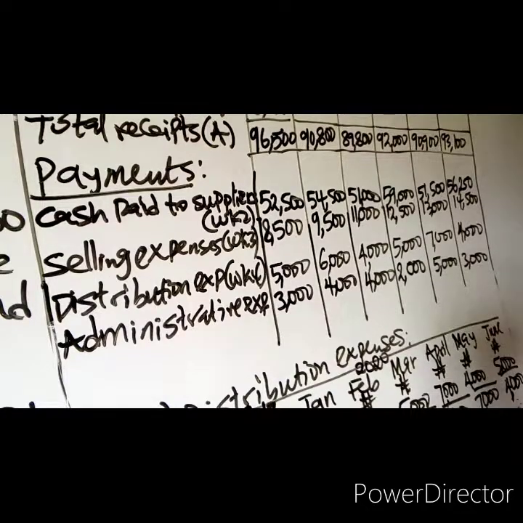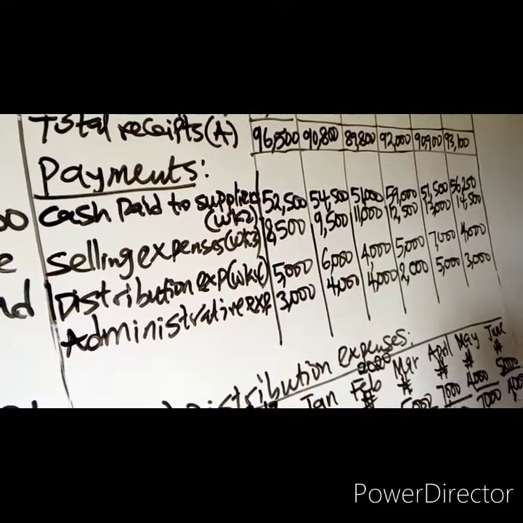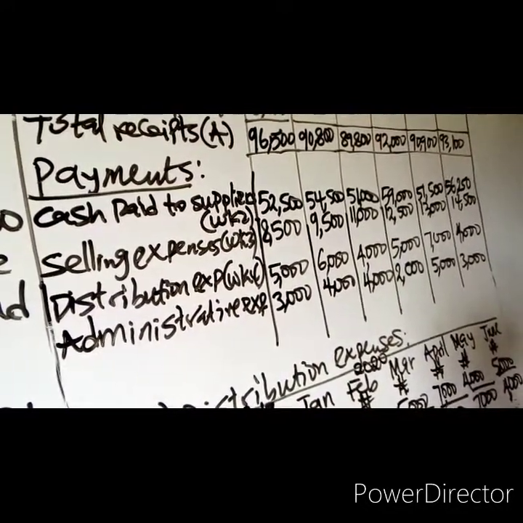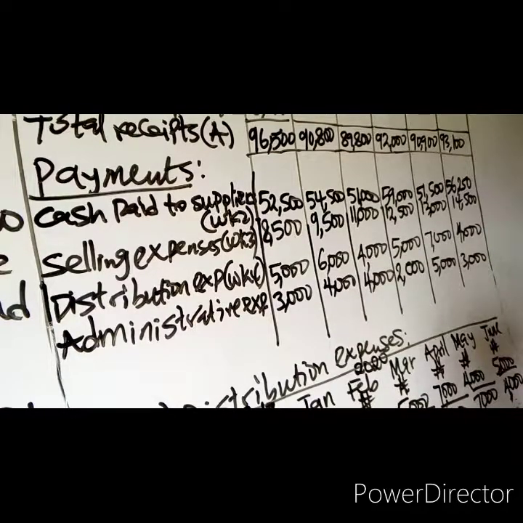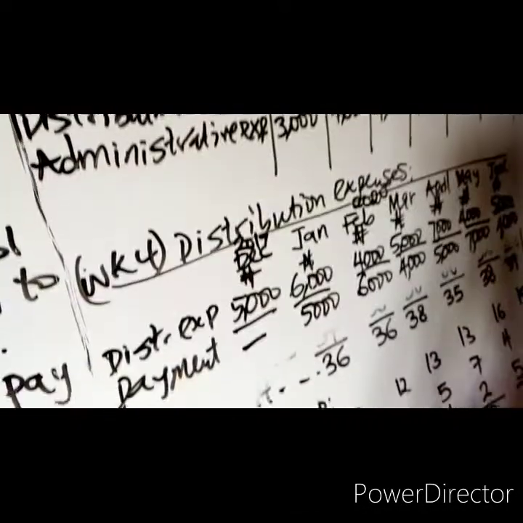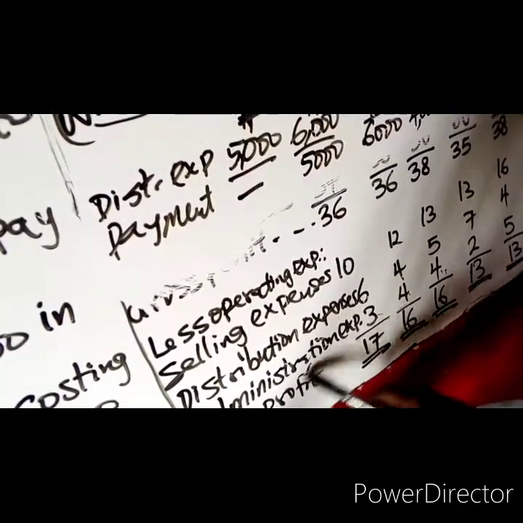Please, if depreciation is included in any of these expenses, you are going to remove depreciation, because depreciation does not constitute a cash flow. I've told you that non-cash items will be excluded from the cash budget. Now, we have taken care of everything in our budgeted statement of profit or loss.